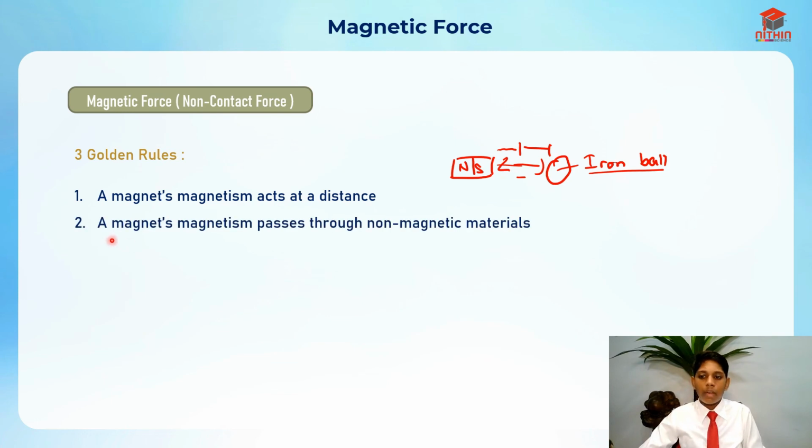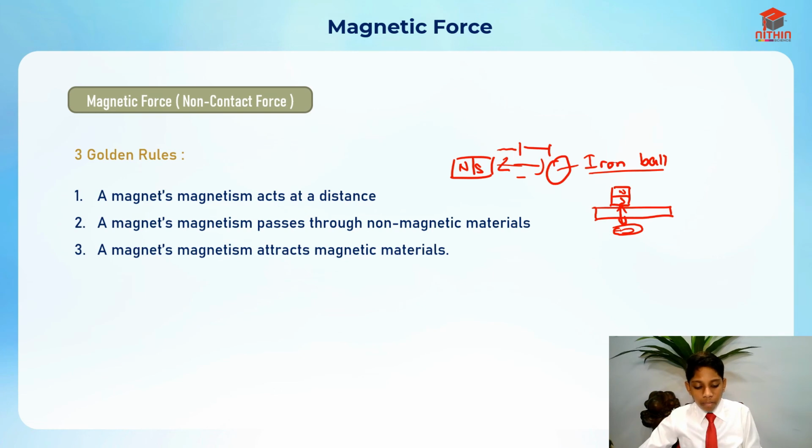Okay, next, a magnet's magnetism passes through non-magnetic materials. So if I have a magnet over here, north, south, and this is a sheet of paper, and I have a paper clip over here, this paper clip actually gets attracted to the magnet through the paper.